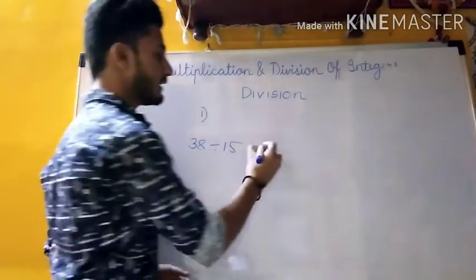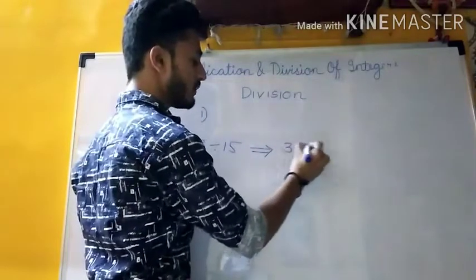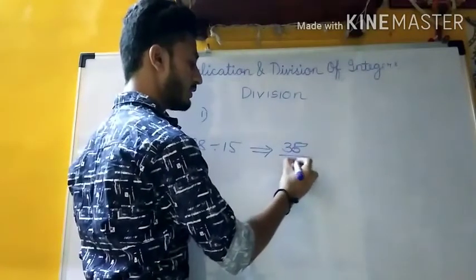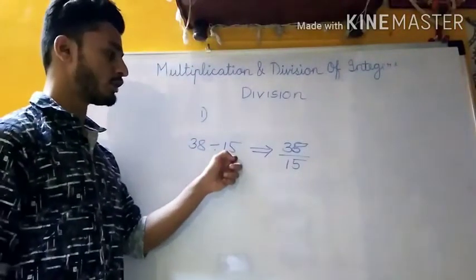How to write this? You will write it in the form of numerator upon denominator, that is 38 will be on the top and in the bottom you will get 15. So this 38 is the numerator and 15 is the denominator.